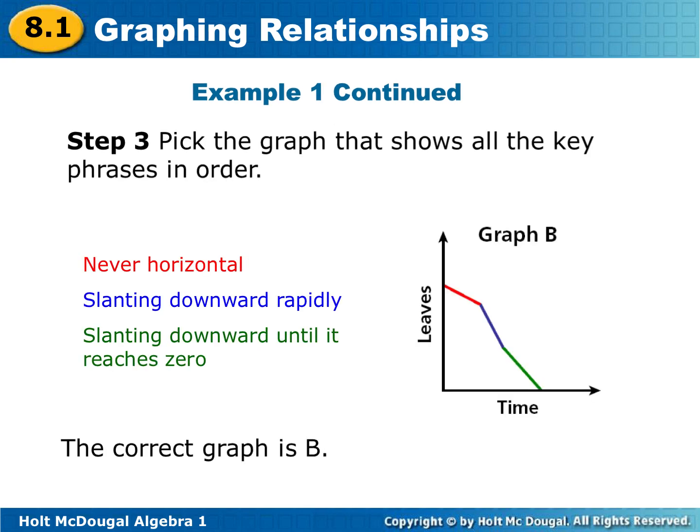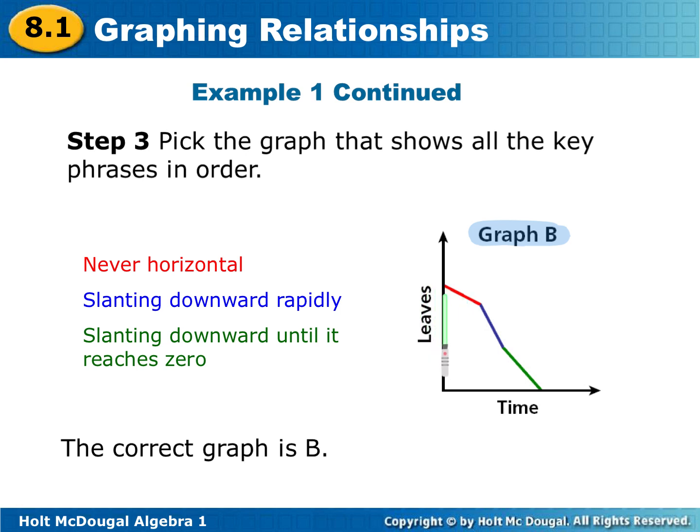Okay. So, step 3 is to pick the graph that shows all of the phases in order. So, here you can automatically tell which graph is going to be the perfect one. Well, it's going to be graph B, because if you go in order, it said that it started by having a few days where leaves were falling.